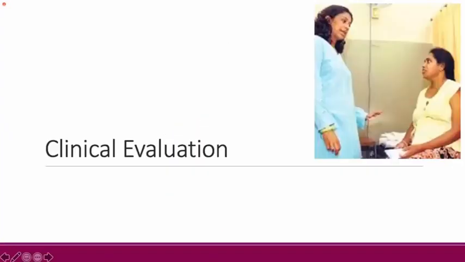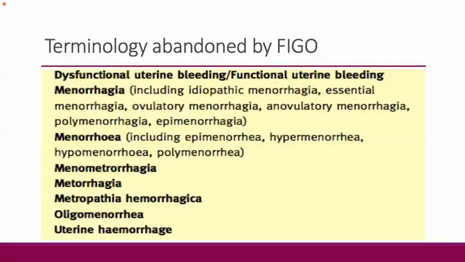Now we will start clinical evaluation when a patient presents with abnormal bleeding. So how would we proceed? Right. Now we used to have these nomenclatures. Now we are not supposed to use them anymore.